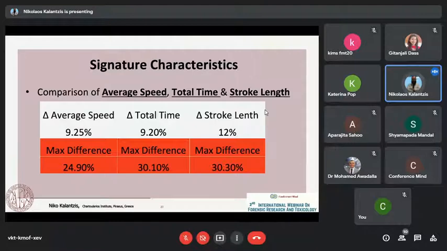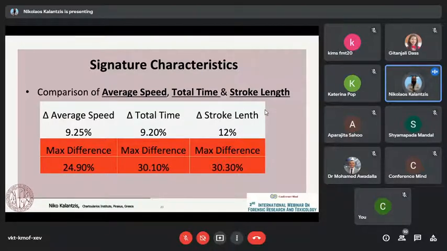But when we looked closely at the largest differences per writer, we found writers who exhibited a maximum difference in average speed of about 24.9%, which is quite significant. Maximum difference in total time of execution, 30.1%, and maximum difference in stroke length, 30.3%. So these are quite big differences between the two styli.